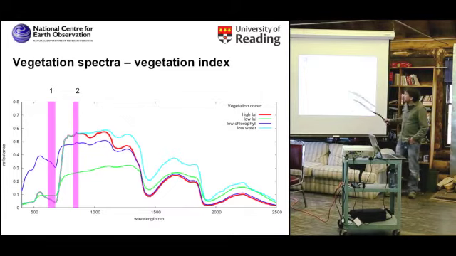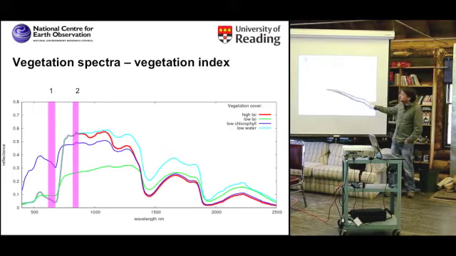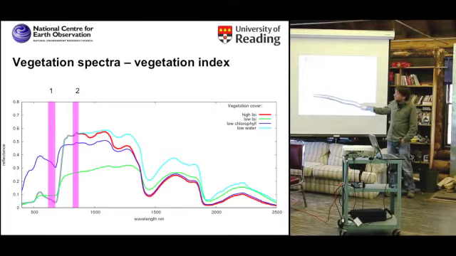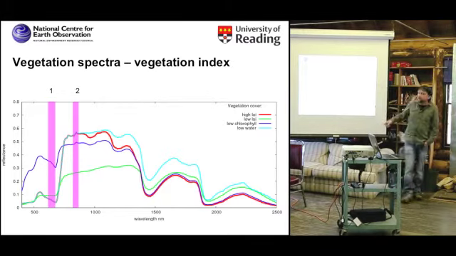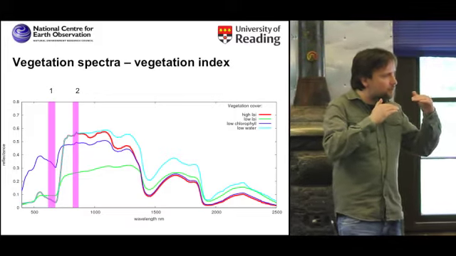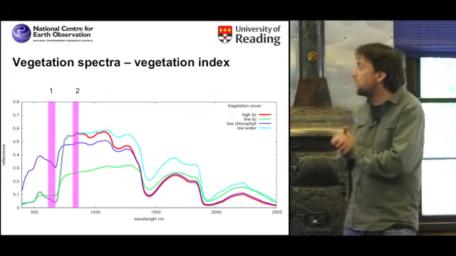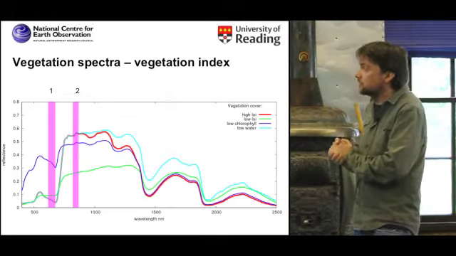And if you then take a canopy that's not doing so well, the dark blue line here is a low chlorophyll canopy, the difference between the red and the near-infrared part of the spectrum is much smaller. Also, if you think about the way soil works, that would be less different as well. So if you've got a lot of soil present, it will distinguish that situation basically.